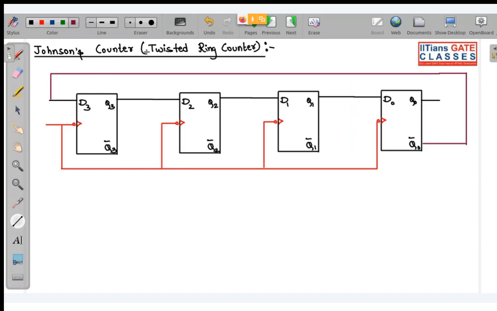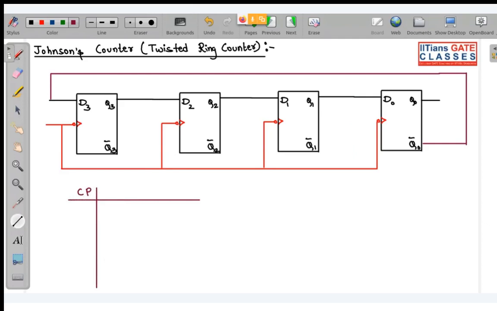Here we don't even require preset or clear to initialize. We can simply start from 0, 0, 0, 0.